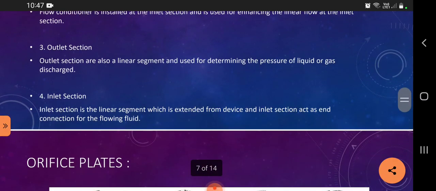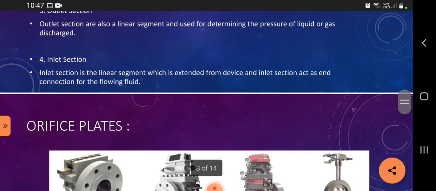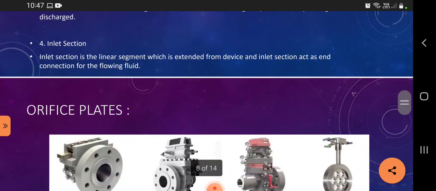Outlet section: it is also a linear segment and used for determining the pressure of liquid or gas discharged. Inlet section: the linear segment which extends from the device, and the inlet section acts as the end connection for the flowing fluid.